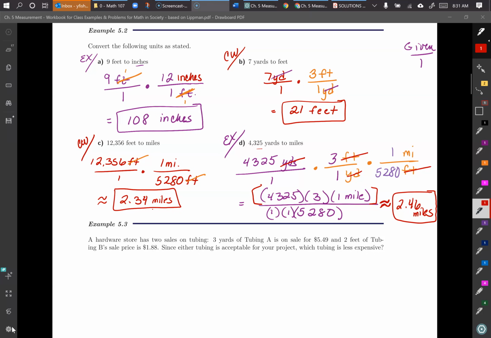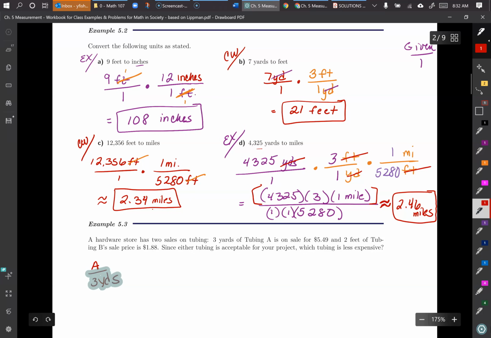So this is just a different kind of way of looking at a rate here using our measurement. So for A, I have 3 yards.